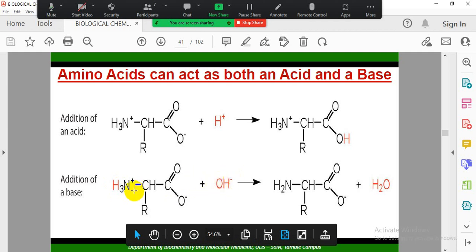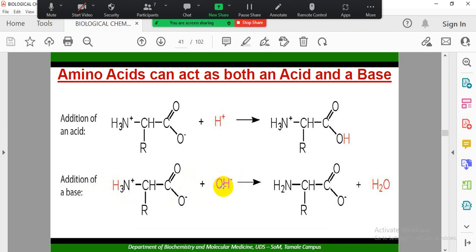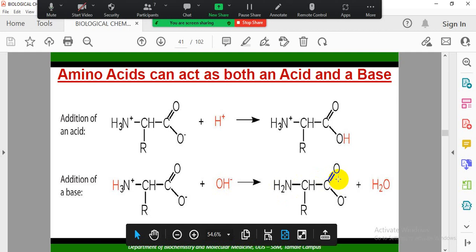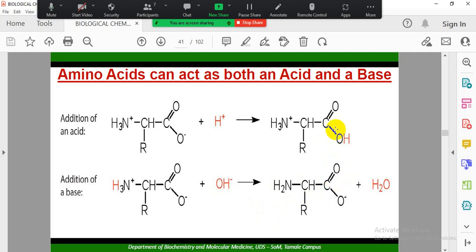I guess you know that hydrogen plus OH, proton plus hydroxyl group, will form water. You all know this? Okay. Yes, sir. Okay, so we form water, and we form what? This amino acid has a basic group here, and this one has an acidic group.